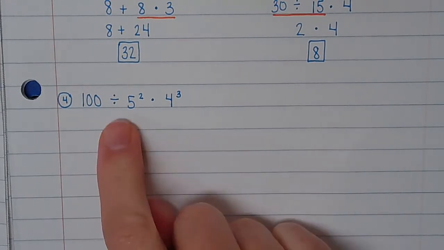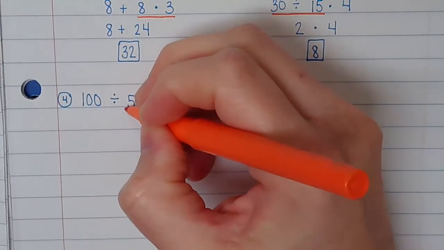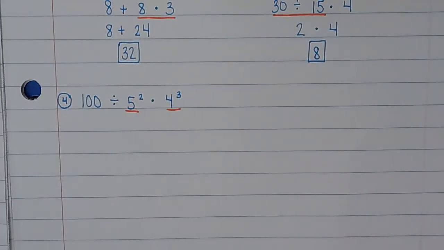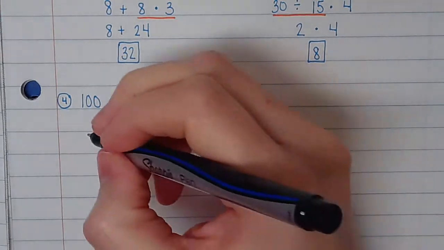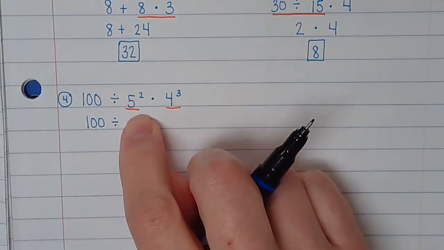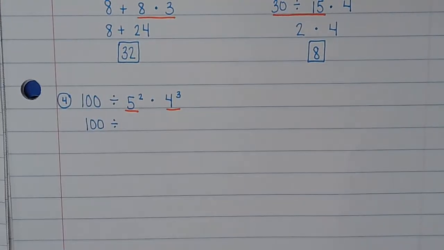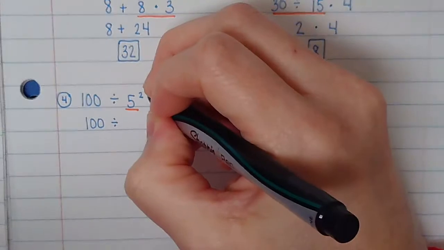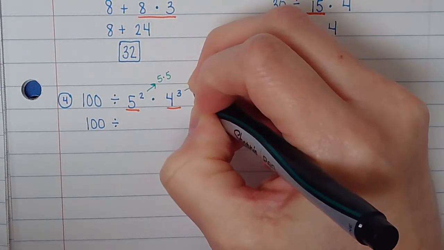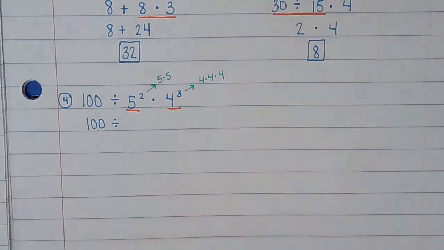So my exponents, I don't have any parentheses, so I got to do my exponents first, okay? So I got to do this exponent and this exponent. So let's leave the 100 alone for right now. 100 divided by, remember, this is not 5 times 2. It is 5 times 5. We're going to write that so that you don't forget. So this is 5 times 5. This one is 4 times 4 times 4.